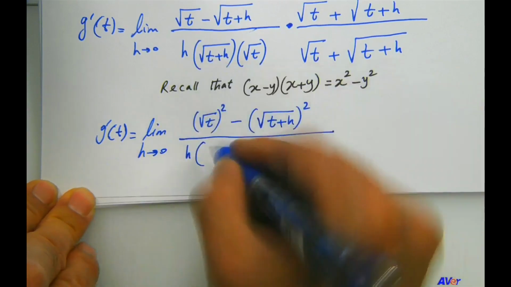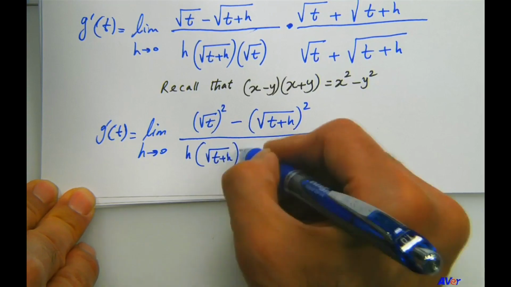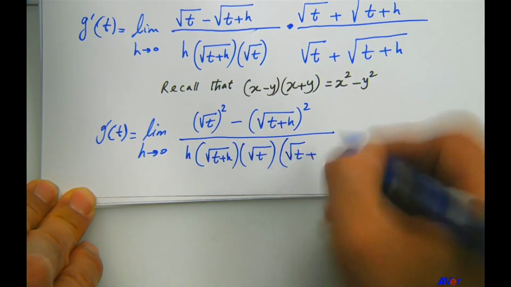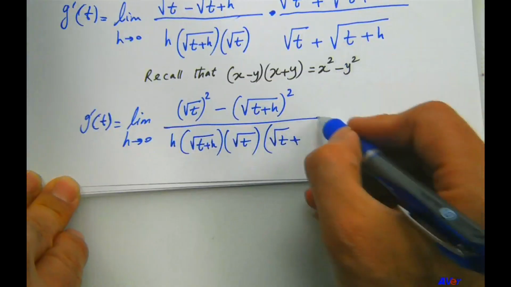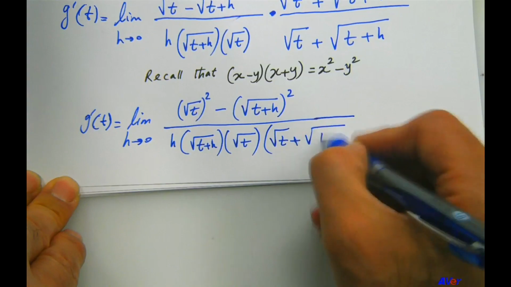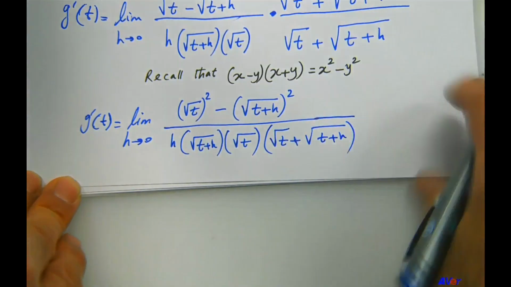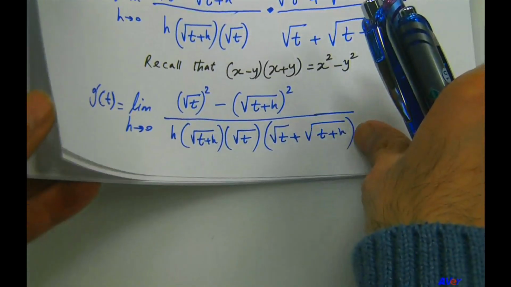This times that. So square root of t plus h times square root of t times the quantity square root of t plus square root of t plus h, close parentheses. Okay, so this is what I was talking about. I'm running out of space here. Let me move to the next page.